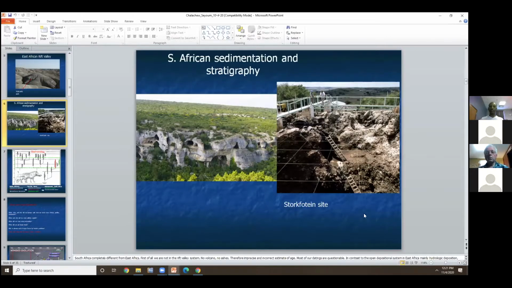The accumulation process, as you can see, is just like the caves, and this is one of the sites. Look at how hard it is to tell the layers clearly. It needs a very careful analysis.